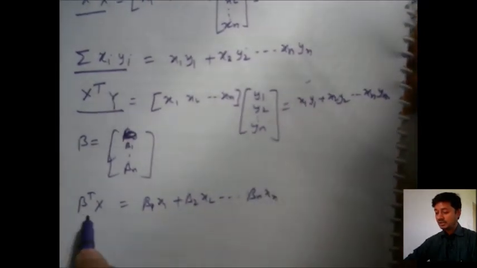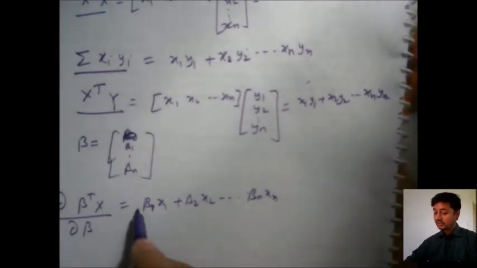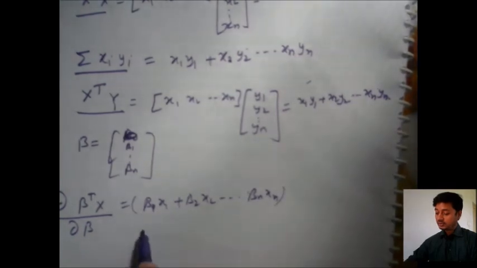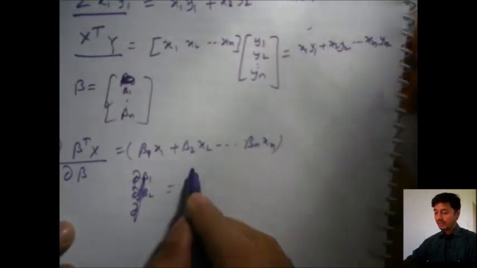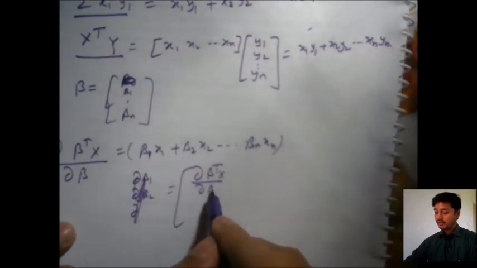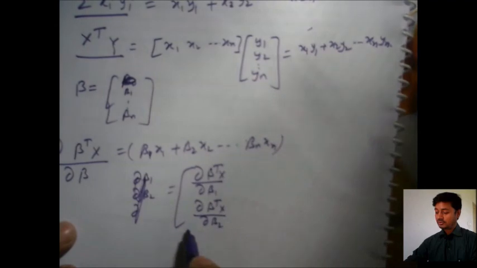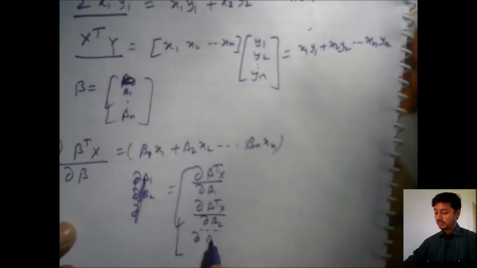up to beta n xn. Now if you differentiate this with respect to beta, first you differentiate with respect to beta 1, then with respect to beta 2, and so on. So you can write this as the derivative of beta transpose x with respect to beta 1, then with respect to beta 2, and so on, up to beta n.